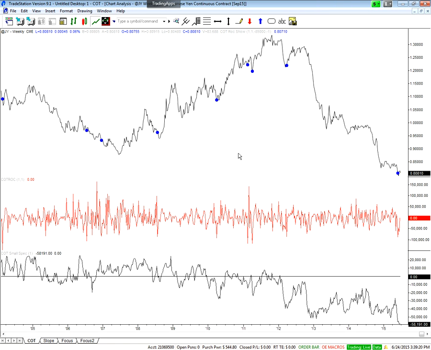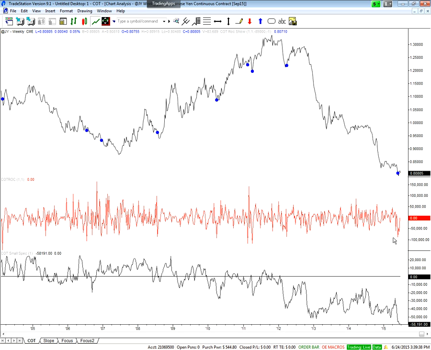Remember the COT observation that I had made several weeks ago. This red line indicates the number of contracts that were traded, or changed, that week.